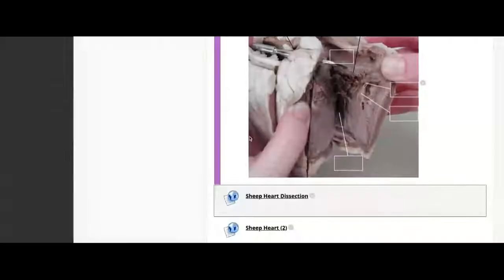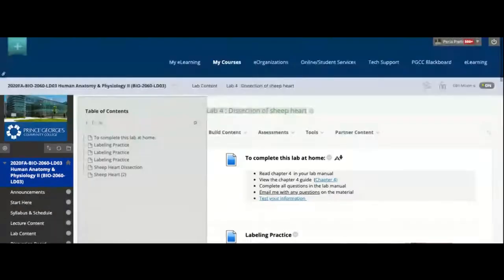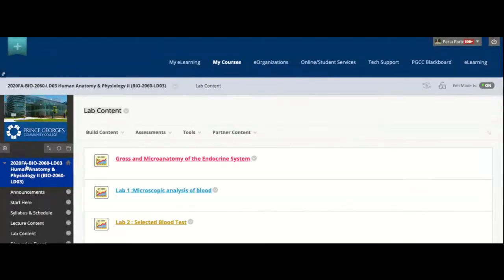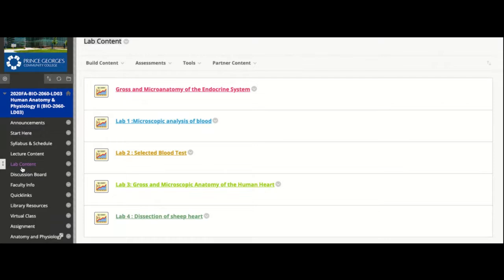Let me show you all the information for this part. Look at here. In the left side of your Blackboard, you have lab content.